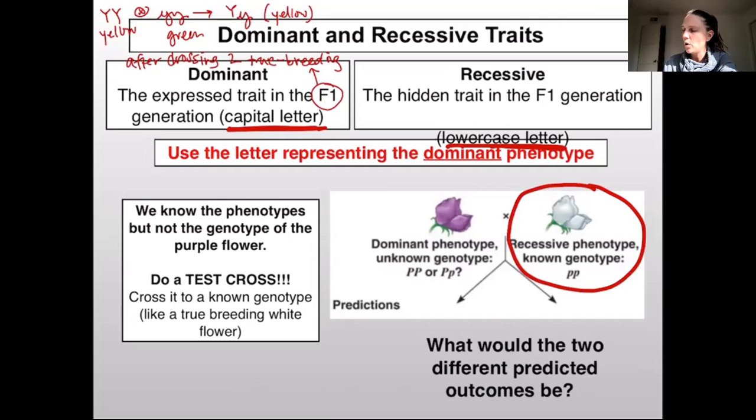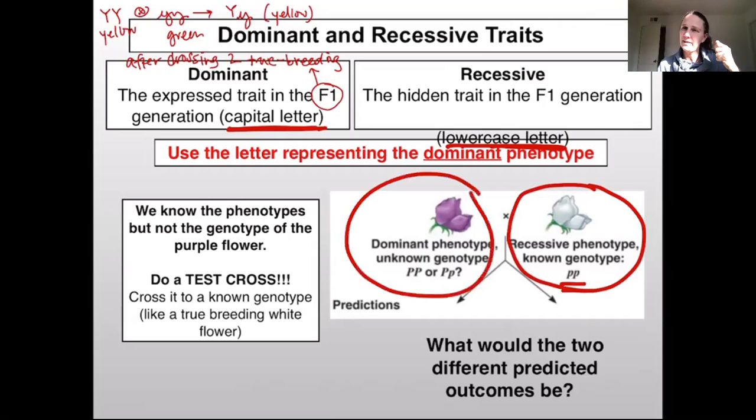We know that the only way you can get a white plant is by being little p, little p. However, if we just pick up a random pea plant that's purple, we don't know what its genotype is. We know its phenotype is purple, but we don't know its genotype. It could be either big P, big P, or big P, little p. It could be homozygous dominant, or it could be heterozygous. We don't know.